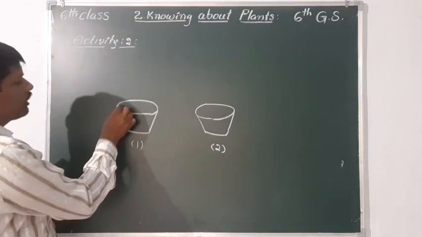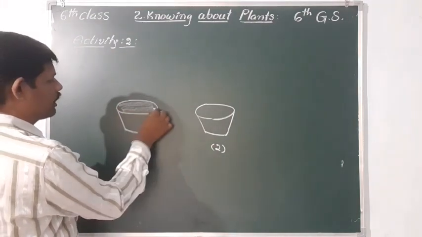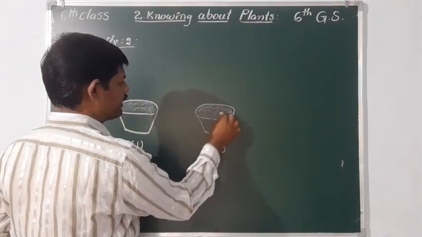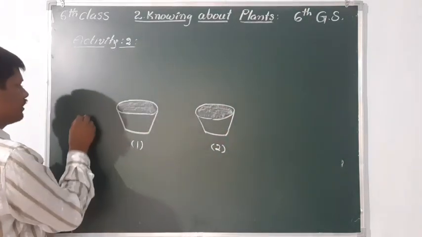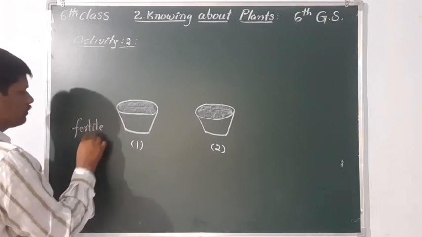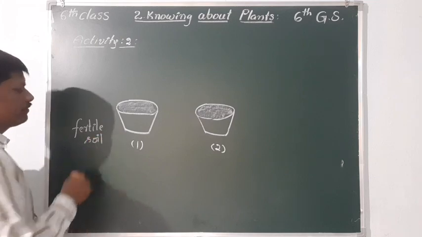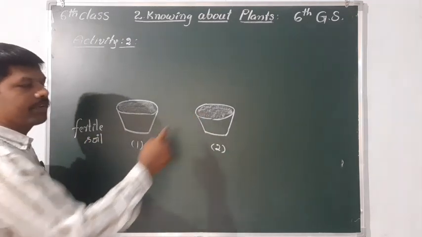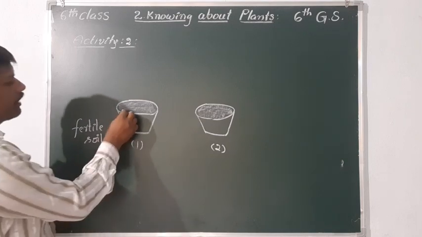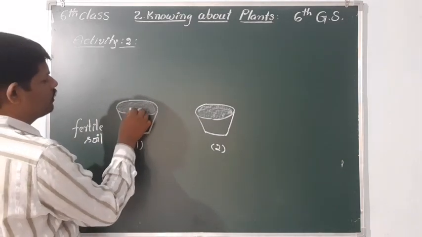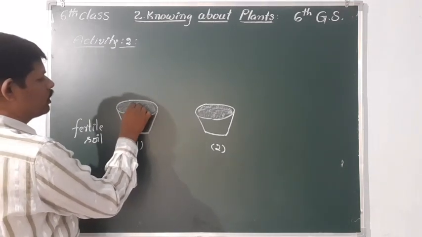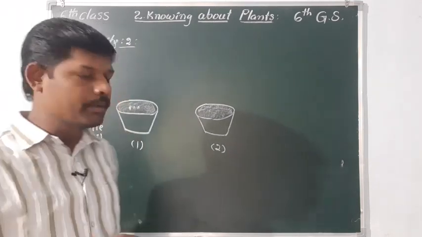Fill these cups with fertile soil. This one is also filled with fertile soil. In the first cup, in this soil, place 2 or 3 bean seeds.